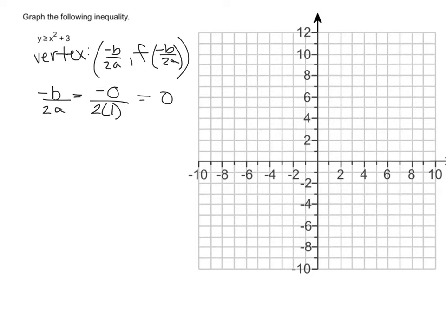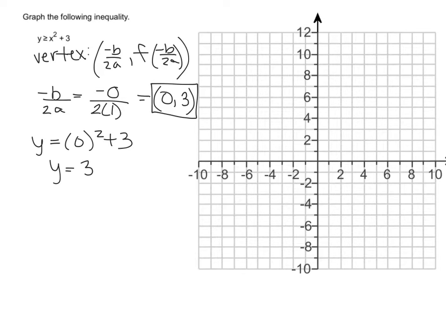So x is 0. Then we'll plug in a 0 for x and solve for y. And we get y equals 0 squared plus 3, which is y equals 3. So my vertex is (0, 3).